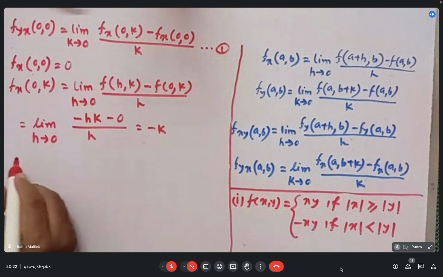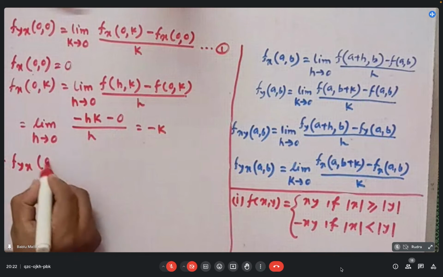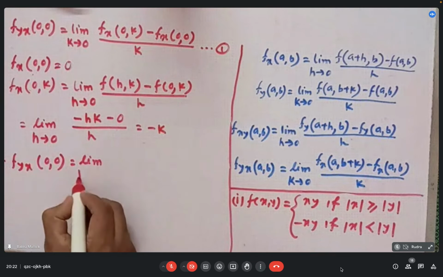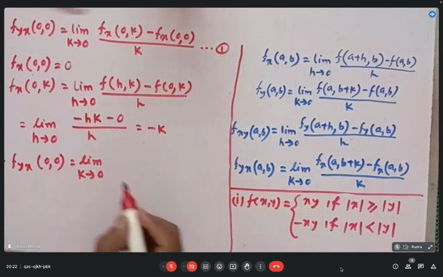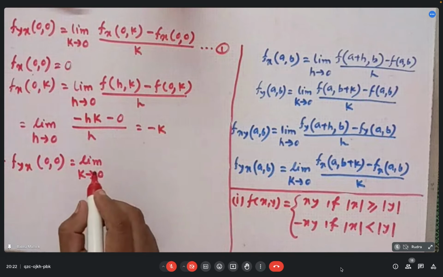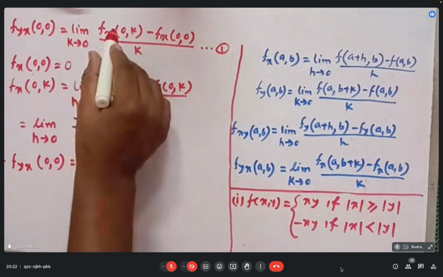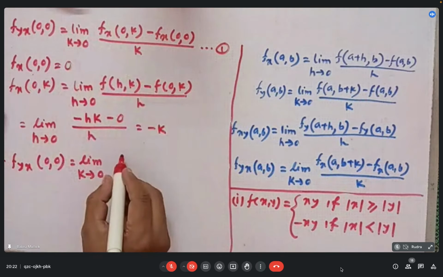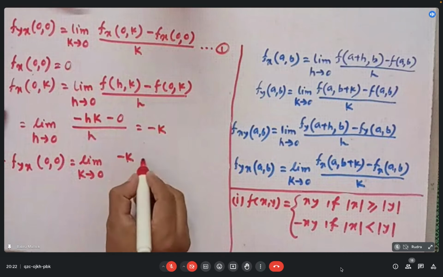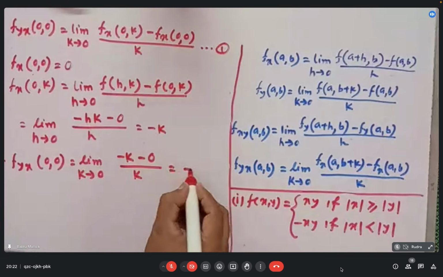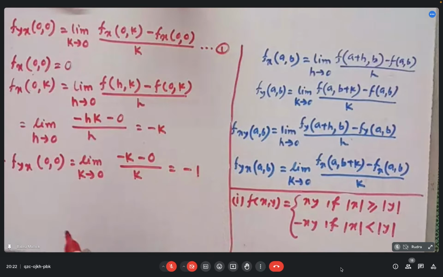Minus of k. Therefore f yx at 0 0 is equal to limit k tends to 0, putting the value here, f x at 0 comma k, minus k minus 0 divided by k, it is minus 1.